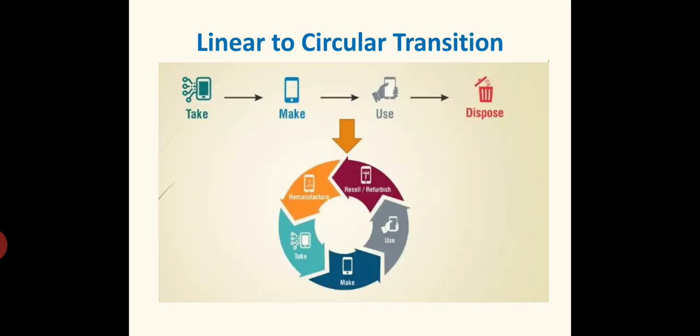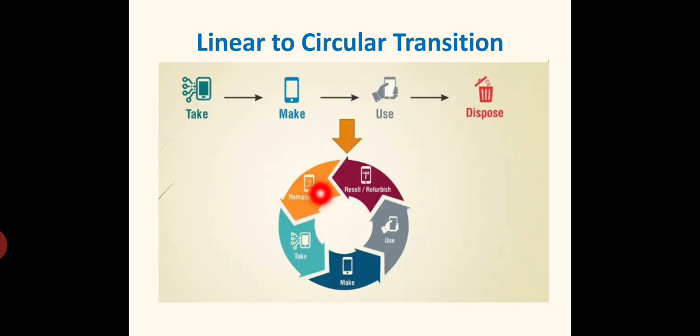That is the aim. Now this I have already explained, linear to circular transition. See, in the linear transition what is happening is take, make, use and dispose, whereas in the circular transition you can see here make, use, resell, refurbish and remanufacture, recycling, and it is added to the take step.